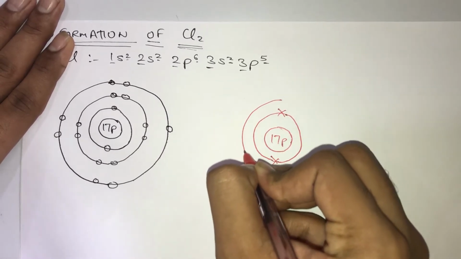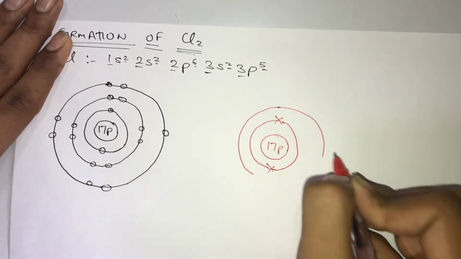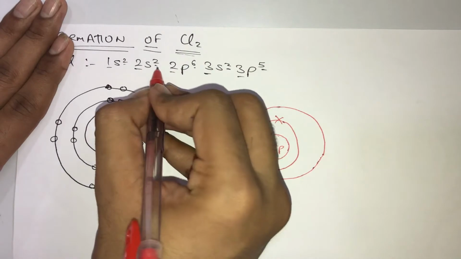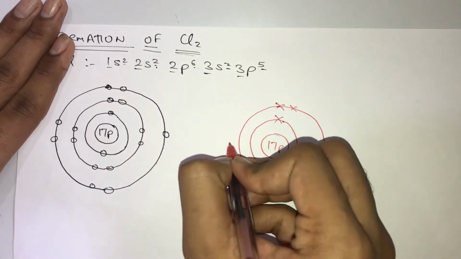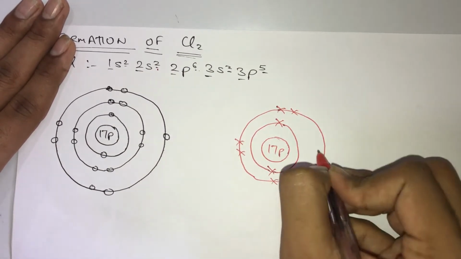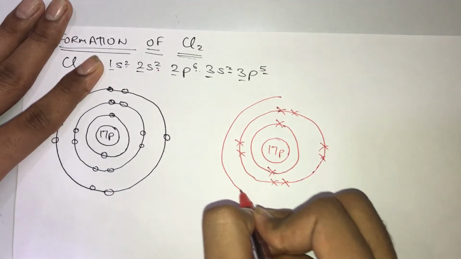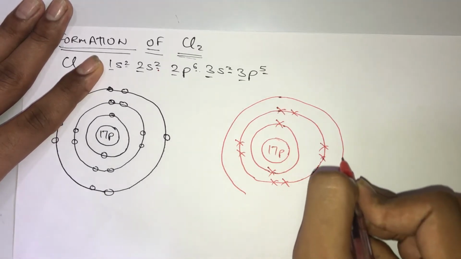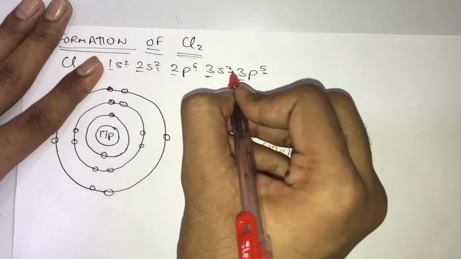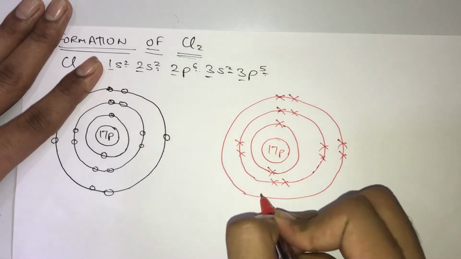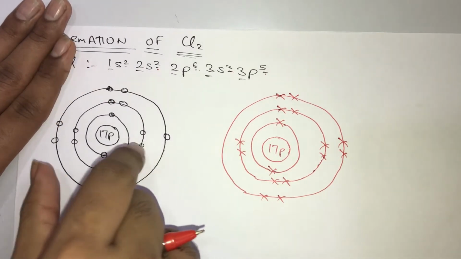In the second energy level, there are again 2 plus 6, 8 electrons present. And in the third energy level, there are 2 plus 5, 7 electrons present. Same as this chlorine atom. Okay.